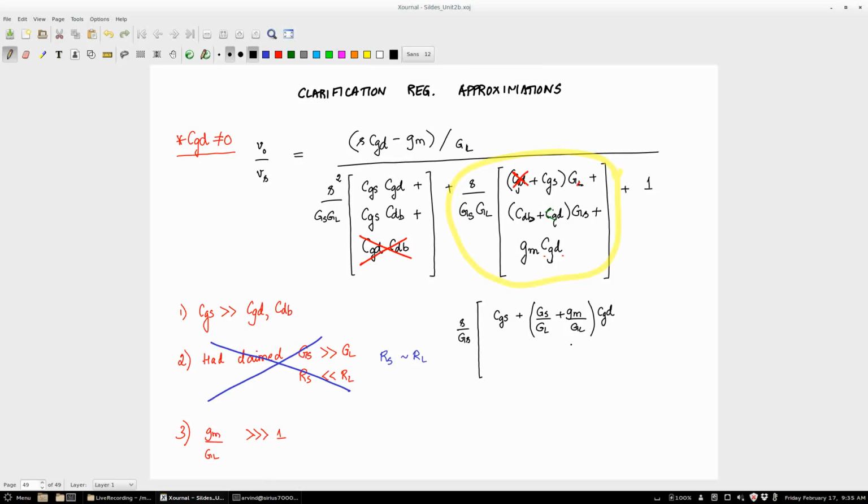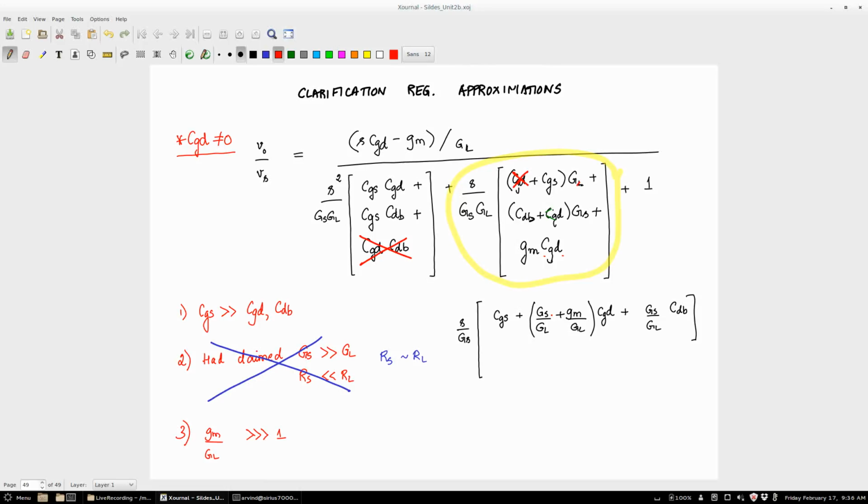Plus GM by GL times CGD, right? No confusion. And what's the last term that I have? CDB, which will again be GS by GL times CDB.